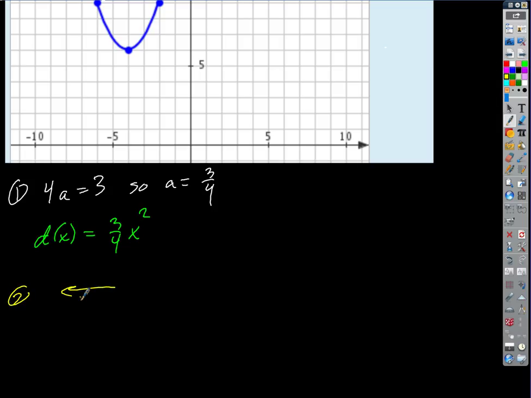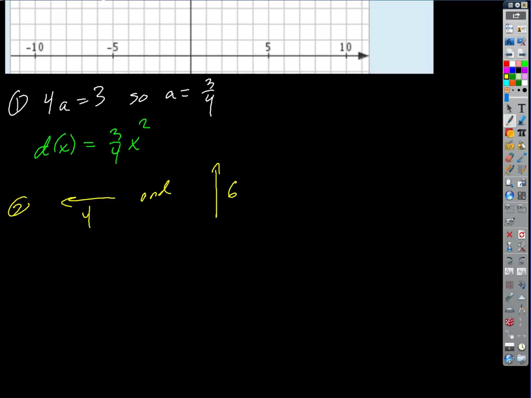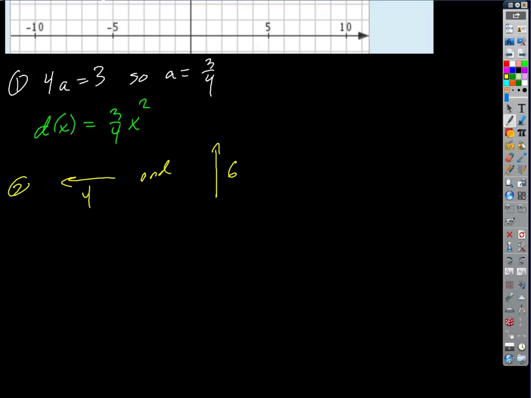We need it to go left by 4 and up by 6. Left by 4 means h is -4, but we're going to subtract it. Up by 6 means k is 6, positive 6. And so then we've got to put this thing into vertex form.